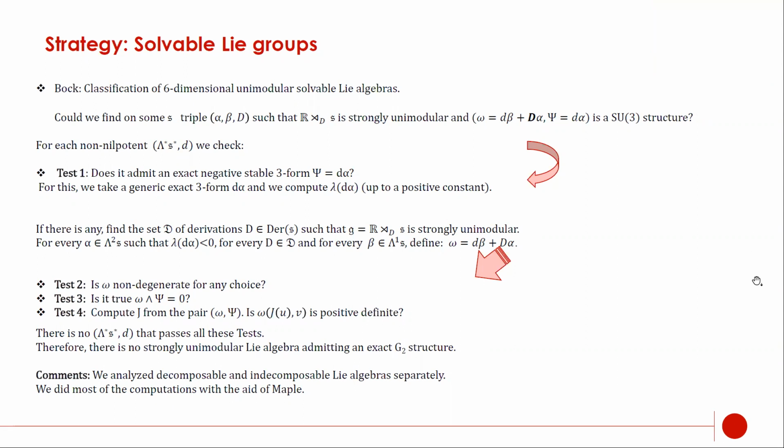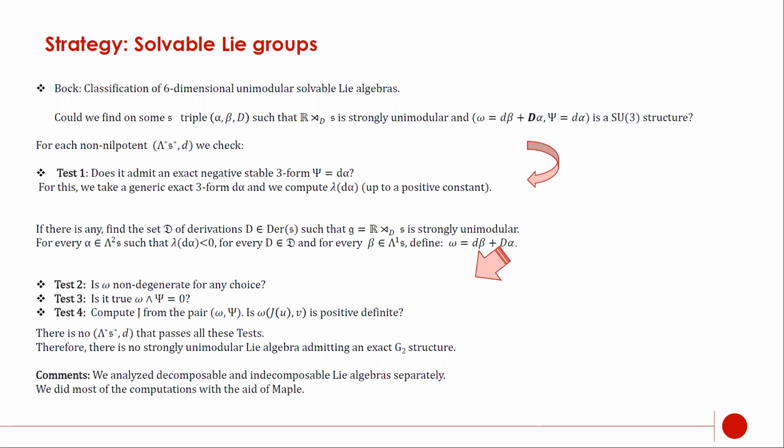It could be that a solvable group which is not unimodular admits a closed G2 structure, and at the same time admits extra symmetries such that S is equal to G over H, where G is a unimodular Lie group. Okay, can you repeat? I think I didn't get it.